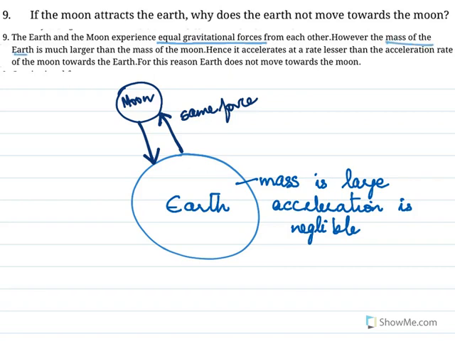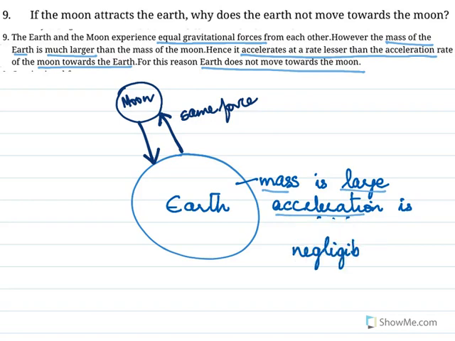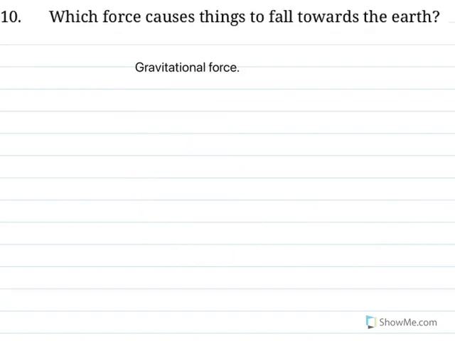However, the mass of the earth is much larger than the mass of the moon. Hence, it accelerates at a rate lesser than the acceleration rate of the moon towards the earth. For this reason, the earth does not move towards the moon. Again, I repeat, the mass is large, hence acceleration is negligible. It can be neglected.